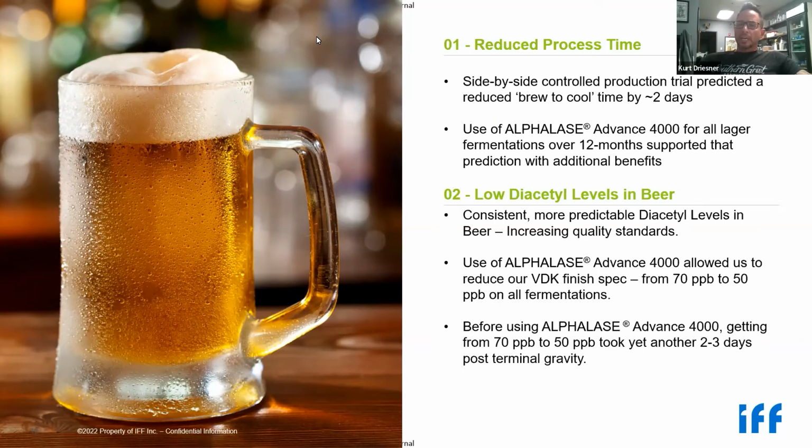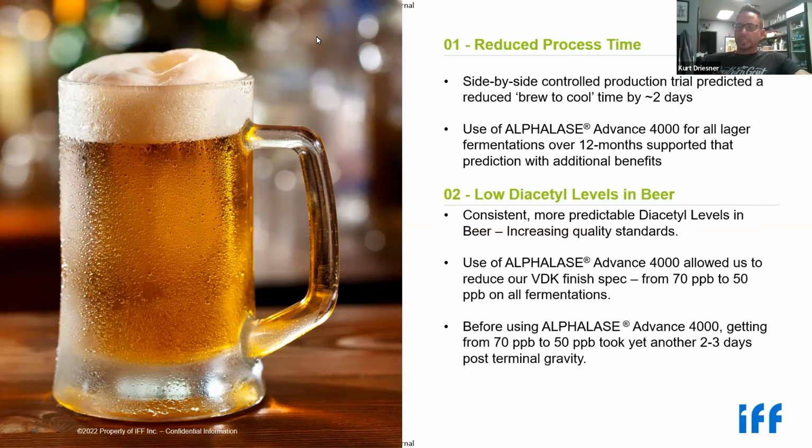Now, this is an interesting concept because as much as diacetyl is known to be an off flavor or a defect, there is actually something to below the flavor threshold. There is actually a mouthfeel aspect that is oftentimes a desired effect of diacetyl.